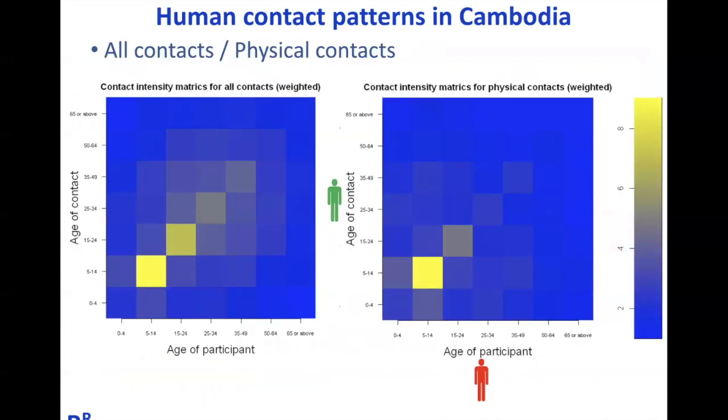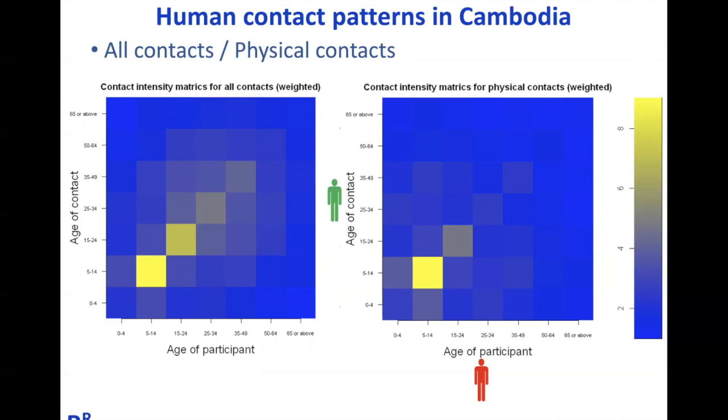Based on this, you can develop heat maps, where you can get an impression at least of who is having contact with whom. You often see in many countries that people of similar age have most contacts with people of similar age. Very strong, of course, for school kids, but also to some extent in other age groups.